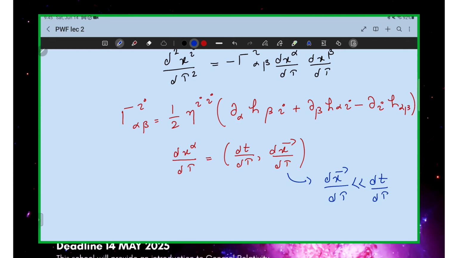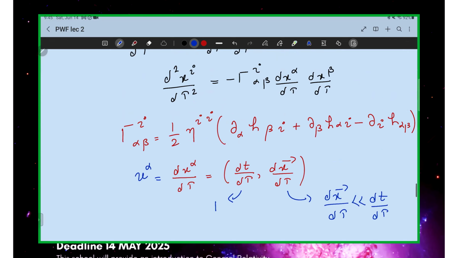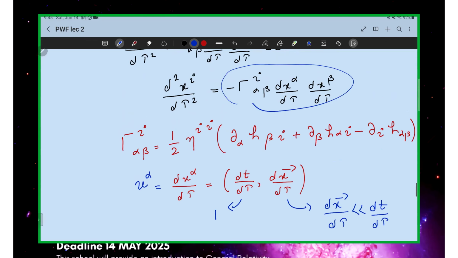And since things are not moving, this tends to be 1 because this is just the gamma factor. If you remember, this is nothing but the u vector that we talked about in the previous lecture. So in this contraction, the only significant contribution comes from the case where alpha and beta are both 0.